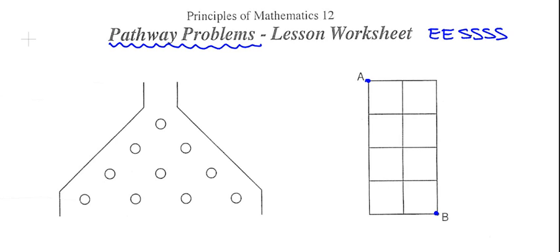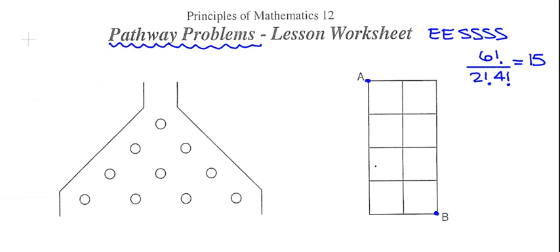I have 6 letters, but I have 2 E's which are repeating, as well as 4 S's that are repeating. So 6 factorial over 2 factorial, 4 factorial, and you could calculate this and get 15. So this is one way of solving a problem like this.